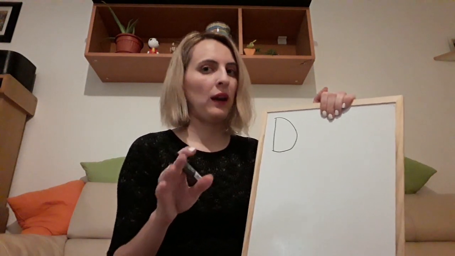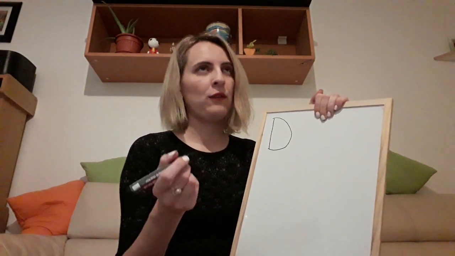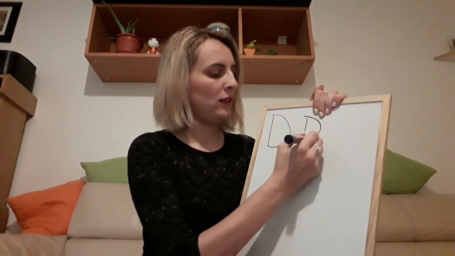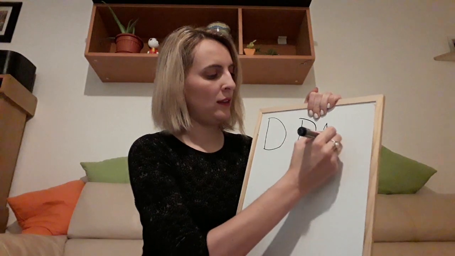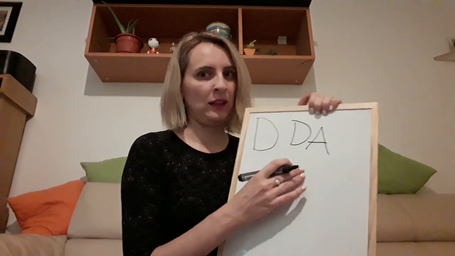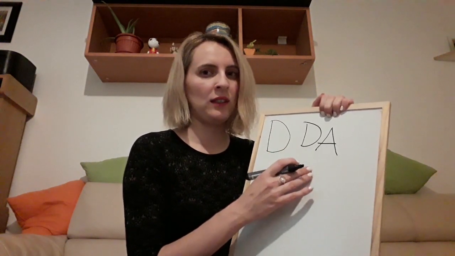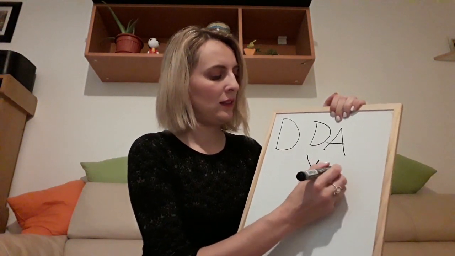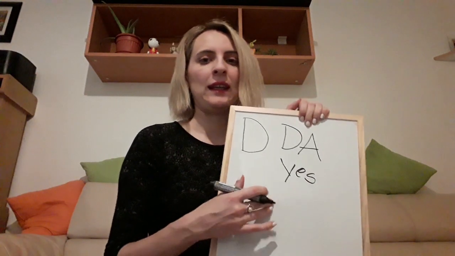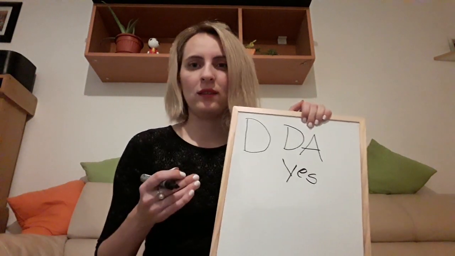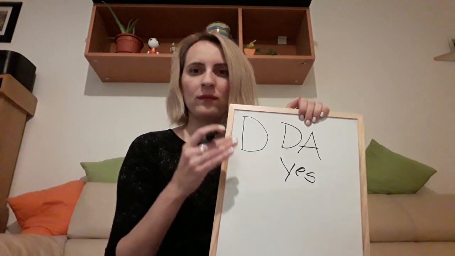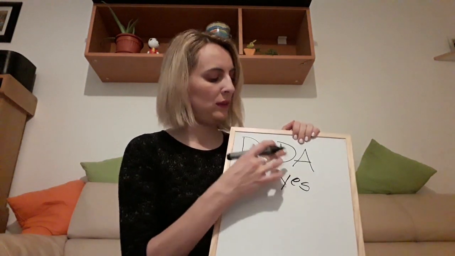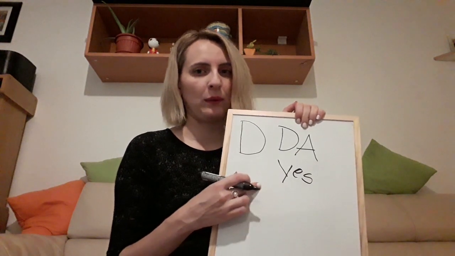But we have, for example, the word da, and in Interslavic language it means yes. So if you want to say yes, you say da, da. Do you want something? Da. Okay, so da is yes in Interslavic language.